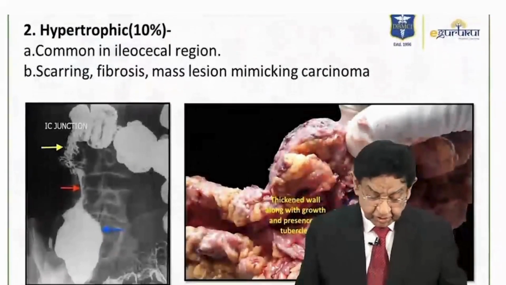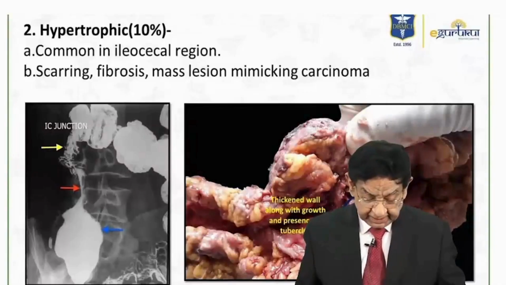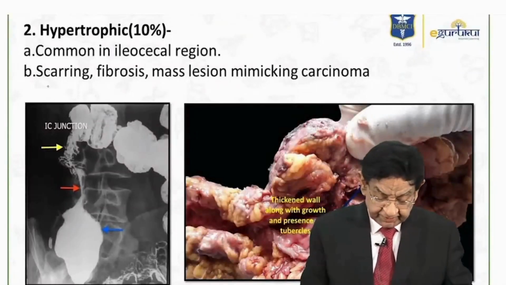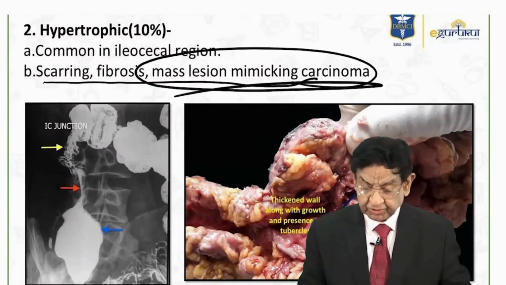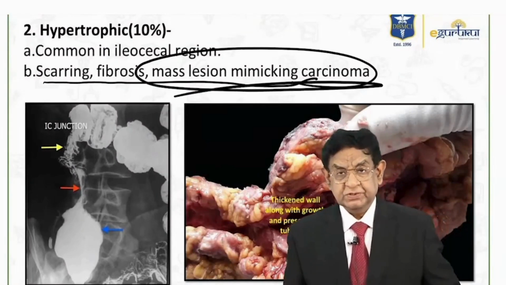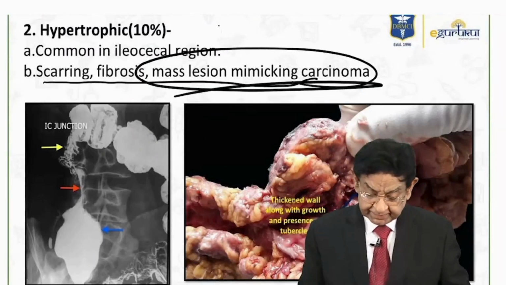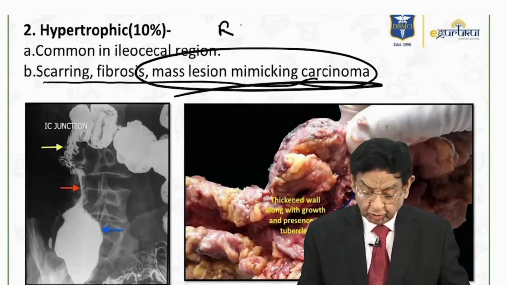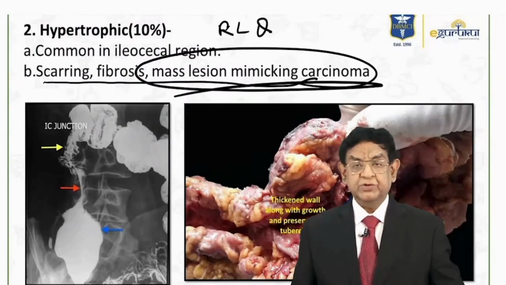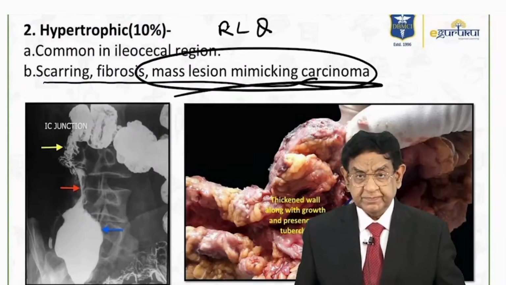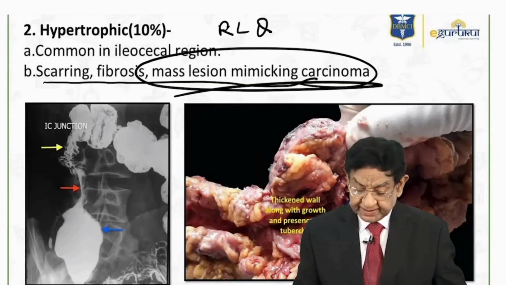Then hypertrophic. There we have scarring, fibrosis or a mass lesion, mimicking carcinoma. So you palpate the right lower quadrant, RLQ stands for right lower quadrant, and you may get a mass.